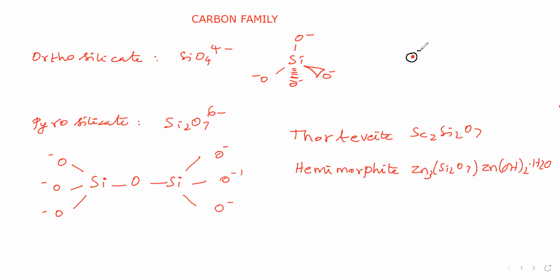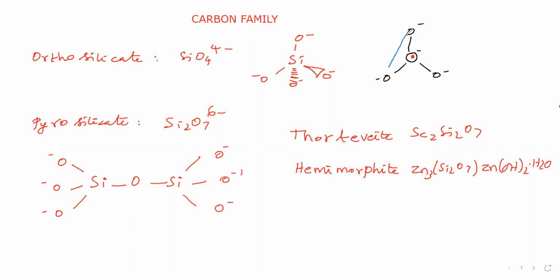Next, this single bond we will write, and O minus. This left side O minus, and this right side O minus we will write. Like this we have written this tetrahedral form in a simplified form.